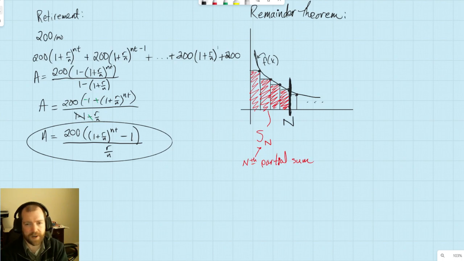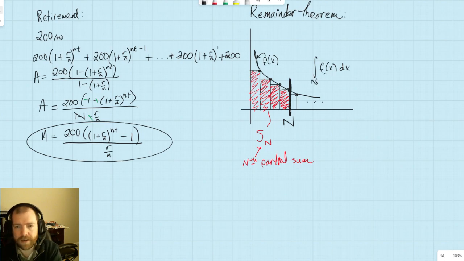We can say here, if we take the integral of f of x dx starting from n and going to infinity, we just talked about that, just like an hour ago. We talked about the fact that there's these leftover bits above the rectangles, which are going to form this small but non-zero remainder.